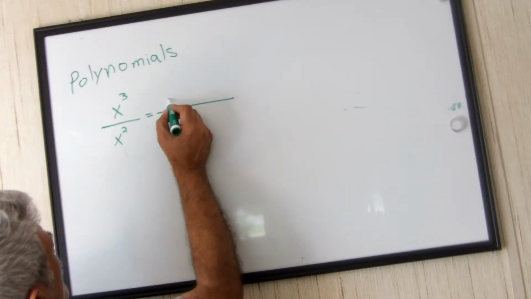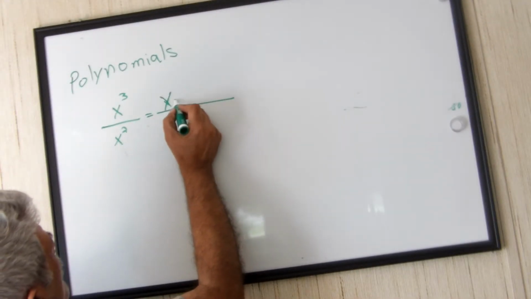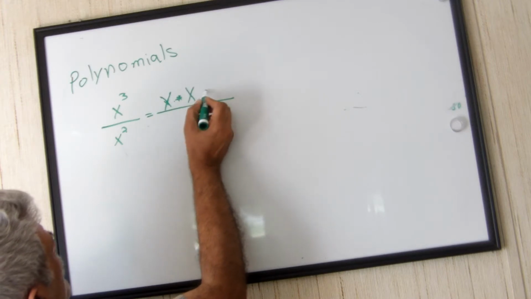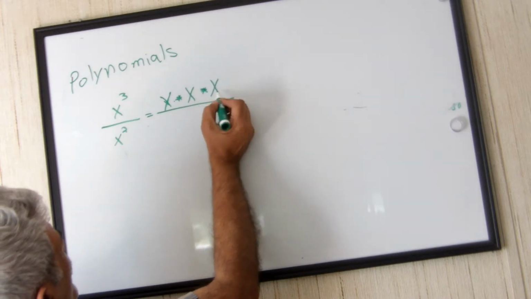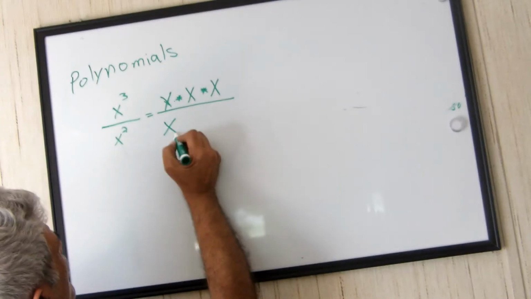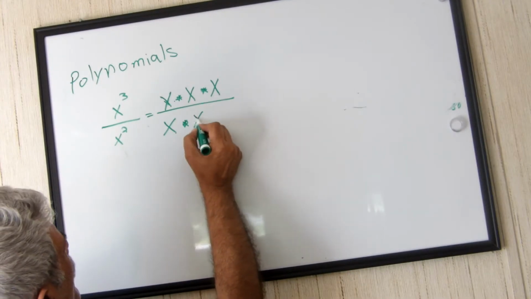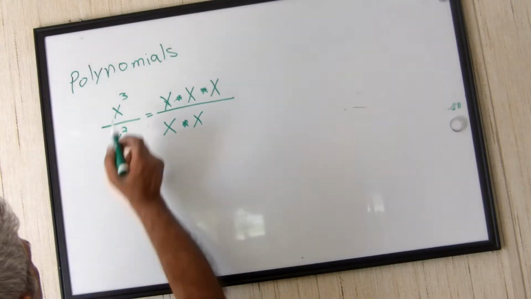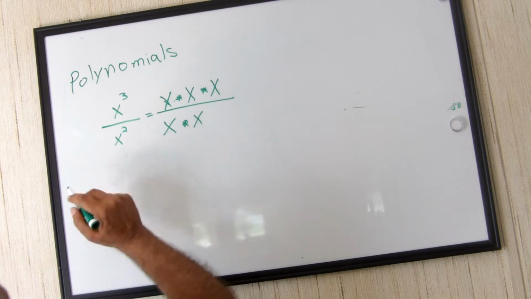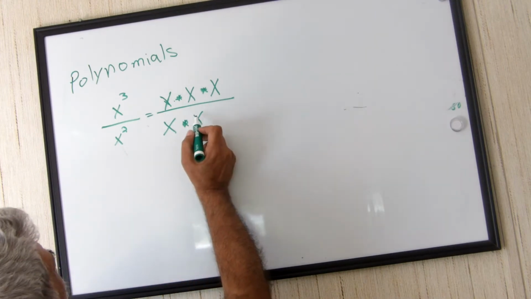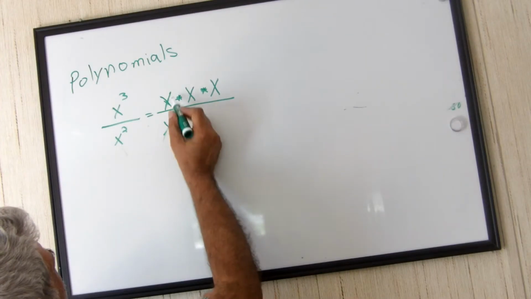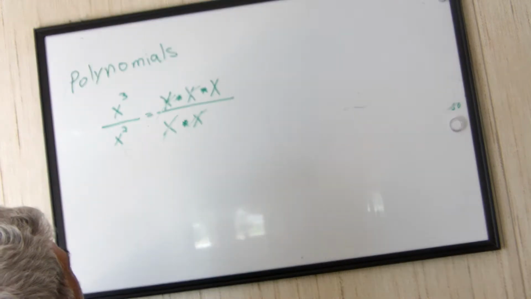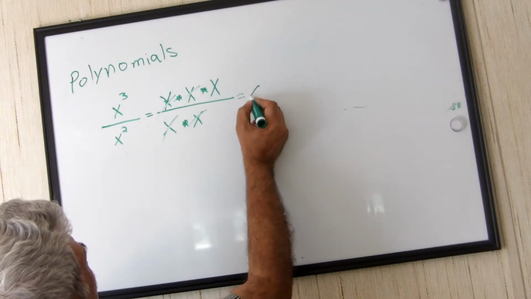It means x multiplied by x multiplied by x, 3 times, and this one is x multiplied by x, 2 times. As we know, we look at the exponent of this variable, and so it cancels out, and we have x.